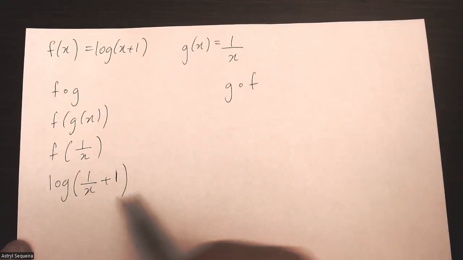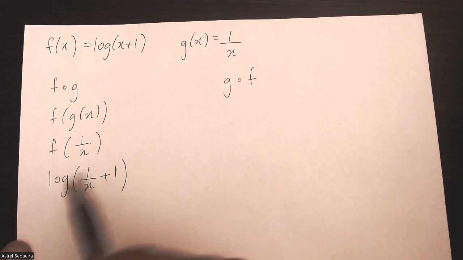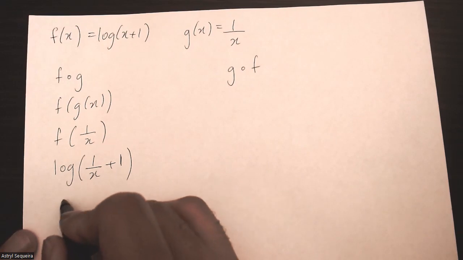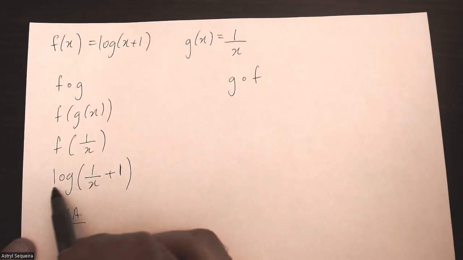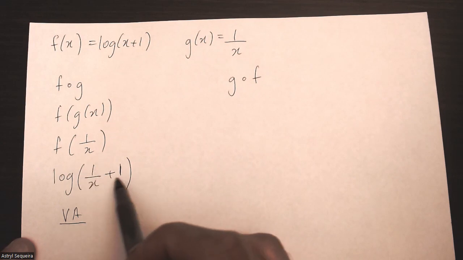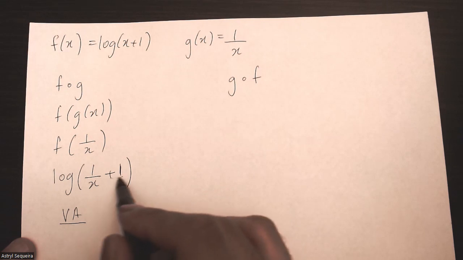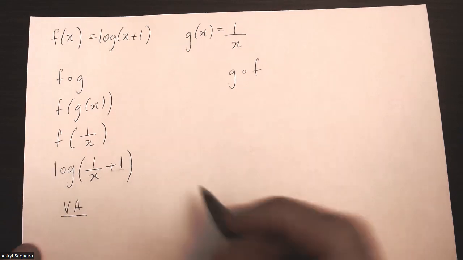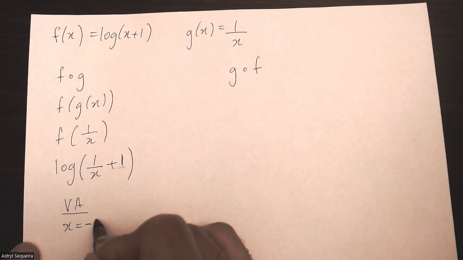So let's start by talking about the vertical asymptotes of this function over here. If I have a log function, that's just a plain log, and then I have some kind of equation here and then a constant, I know that this d value over here is going to give me a vertical asymptote at x equals -1.